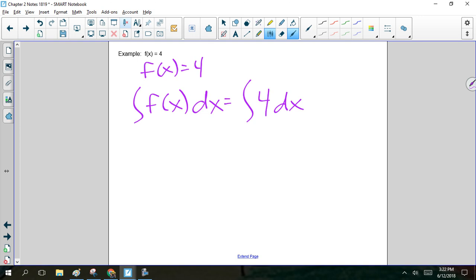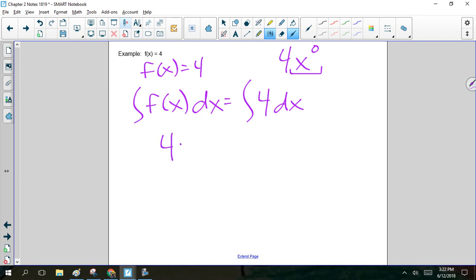Well, 4 is the same as 4 times x to the 0, right? Because remember, x to the 0 is just 1. And remember, when you take the derivative of a power, you use the power rule, and that decreases your exponent by 1. So going backwards, if we ended up at 0 after decreasing by 1, this must have been x to the positive 1.